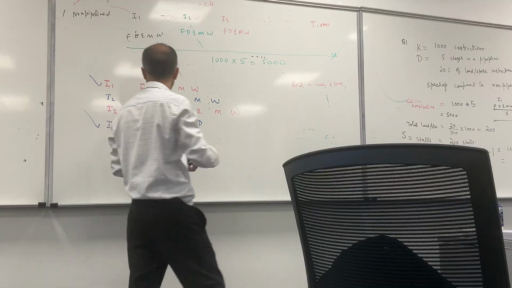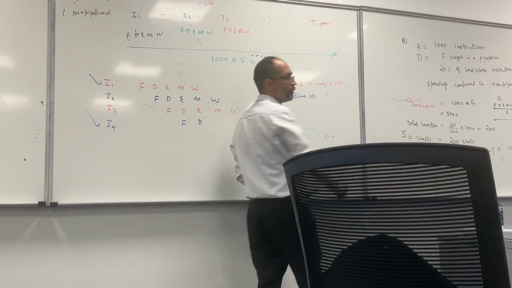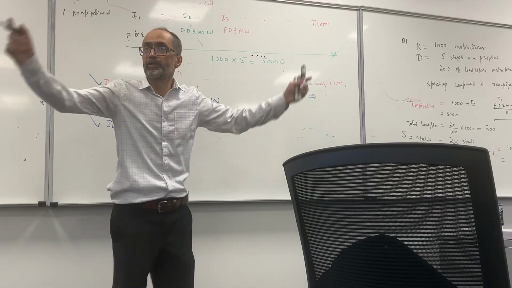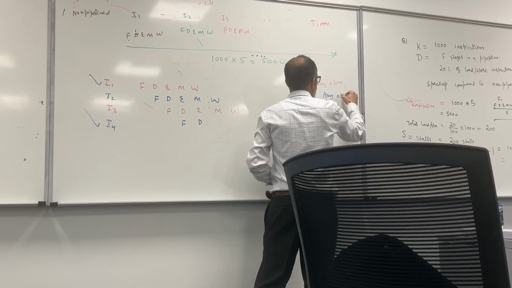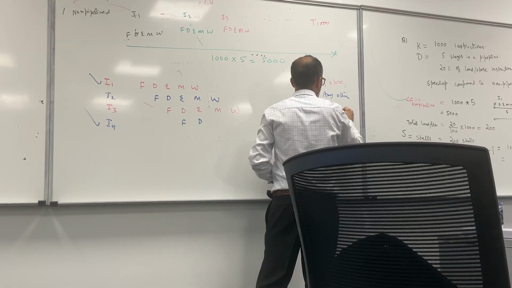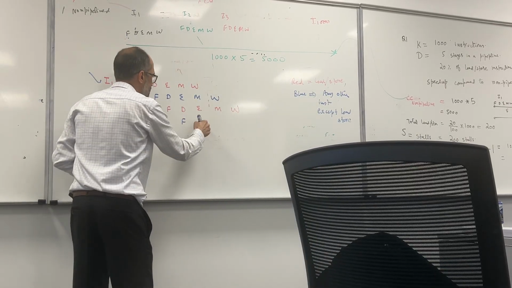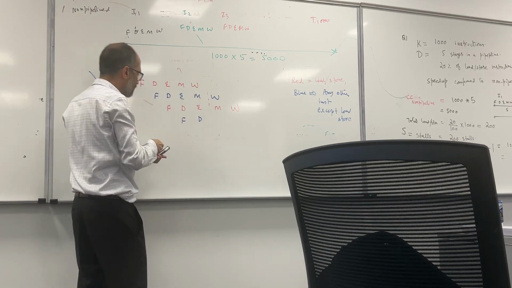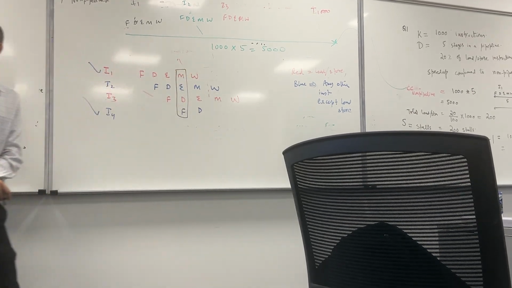And the blue one is any other instruction, it can be add, subtract, any other instruction except load or store. Can we overlap this I1 with this memory? Yes or no? Yes.